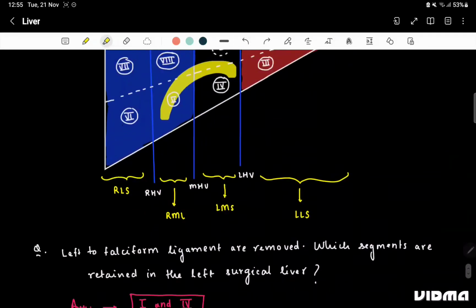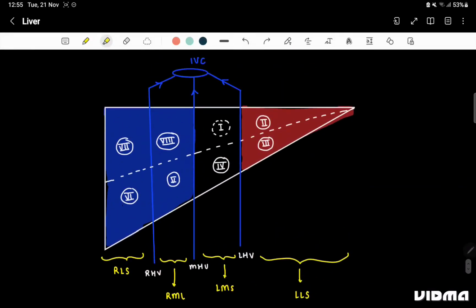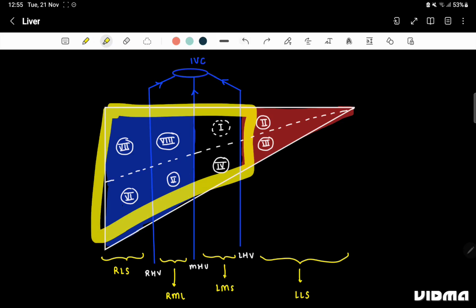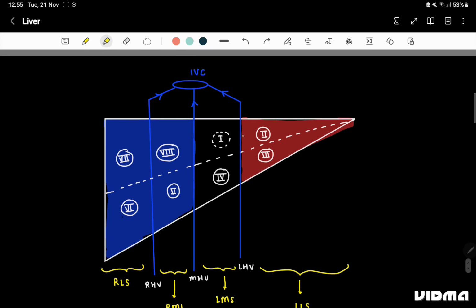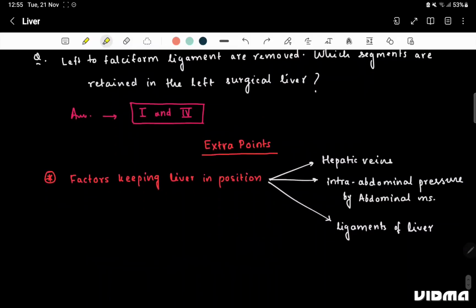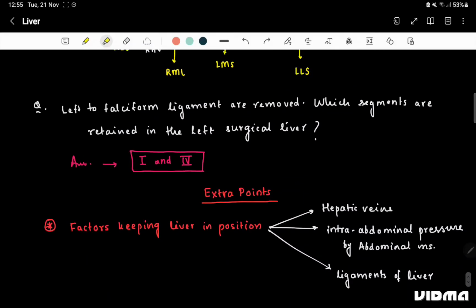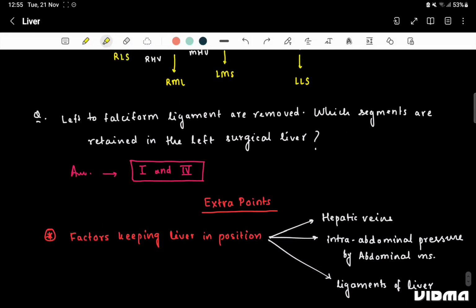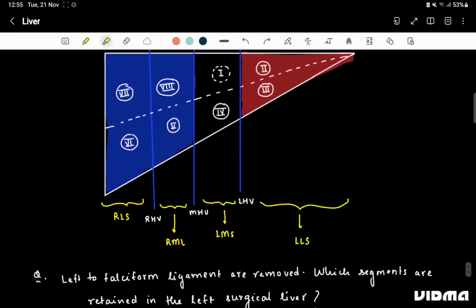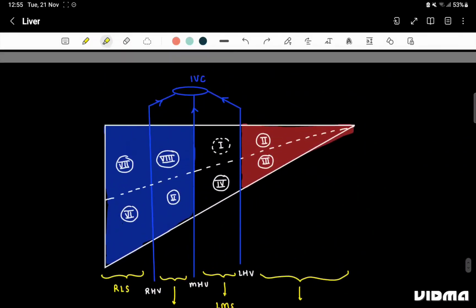So which parts will be spared? If this part is removed in the left surgical lobe, the parts that are left to the falciform ligament are removed. What is it saying? Left to the falciform ligament are removed. Which segments are retained in the left surgical liver?